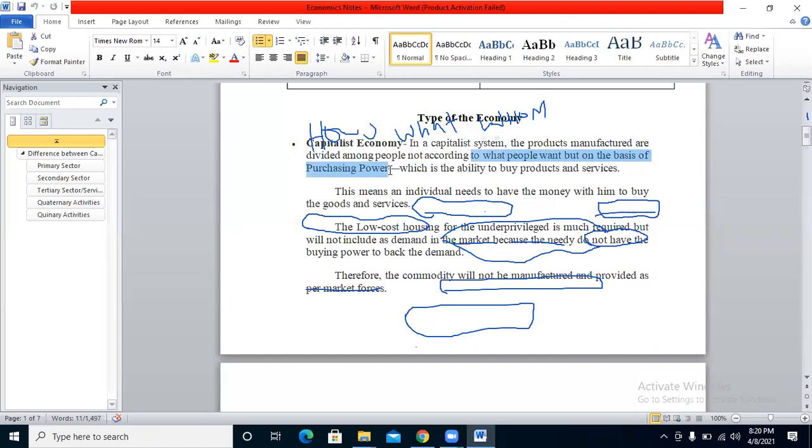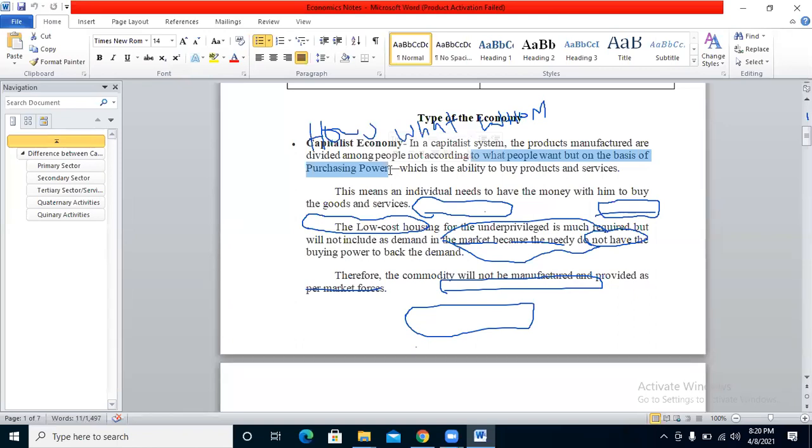It's all about money. If you are able to pay a certain amount for a certain good, the economy can provide those goods and services. So basically, an individual needs to have the money to buy goods.